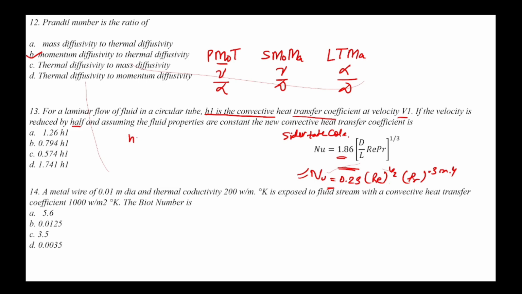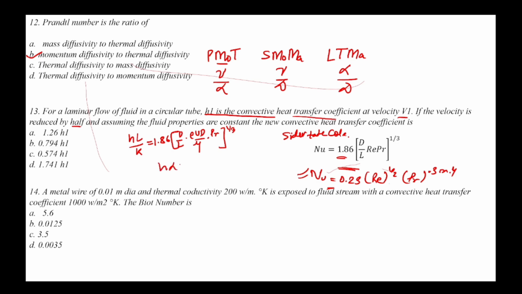Nusselt number hL upon k is equal to 1.86 (D upon L) times Reynolds number rho V D upon mu, times Prandtl number, to the power 1/3. Since only velocity is changing, and diameter, rho, mu, and length are constant, only V will remain, to the power 1/3.